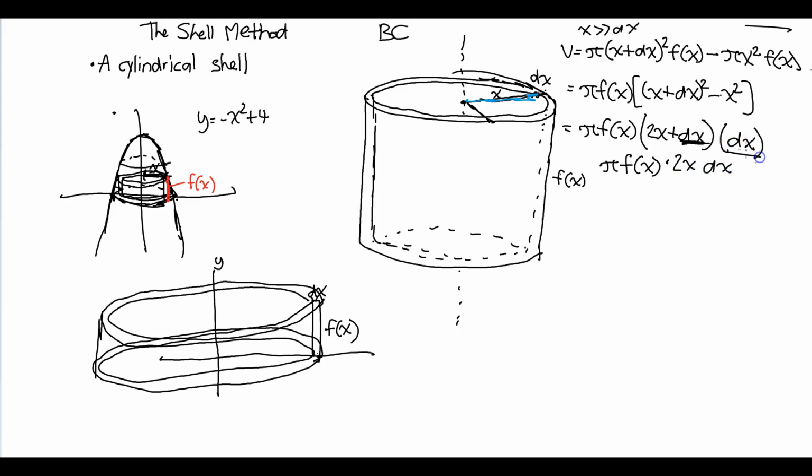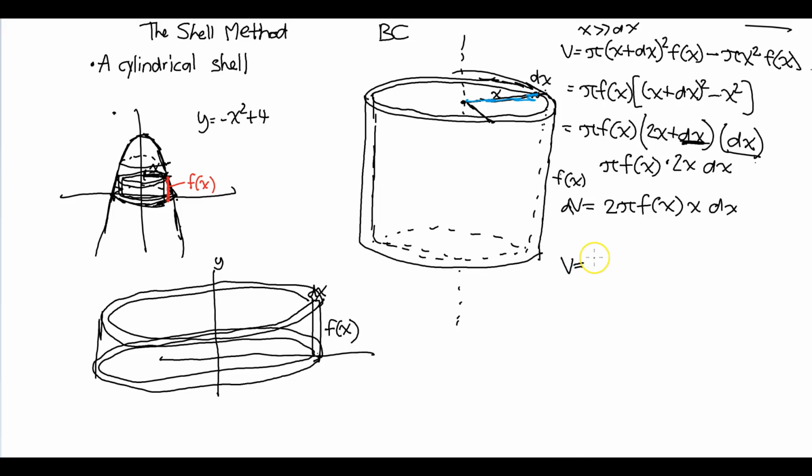We still need to have that dx there because we're going to end up integrating this. So this is our volume, our tiny volume, the differential of v.